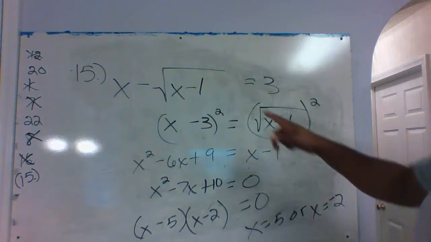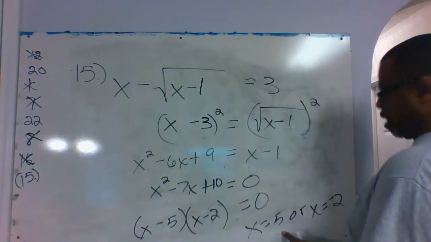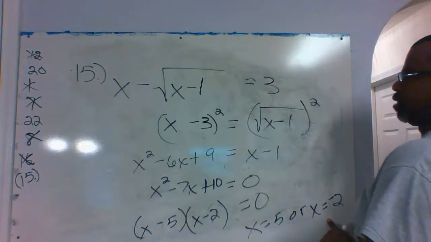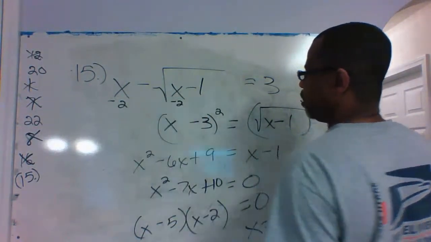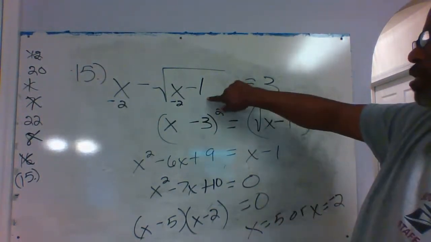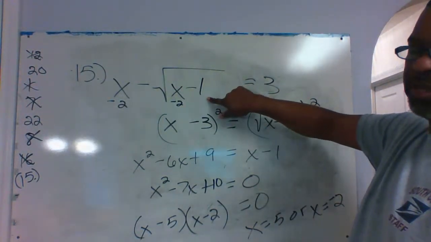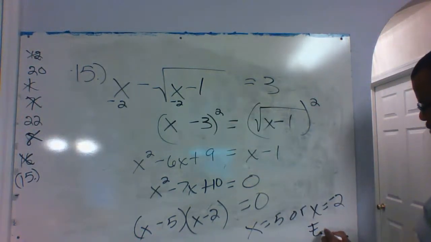Now, if we go back to the original equation and plug in, let's try negative 2, see if that will work. So we'll put a negative 2 here, put negative 2 here. We already know that's not going to work because this is a negative under the square root. So this is going to be an extraneous solution.